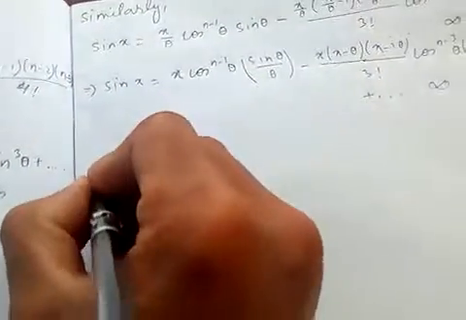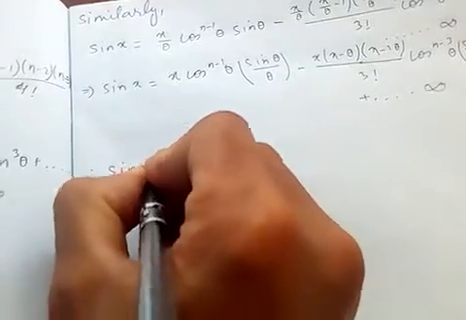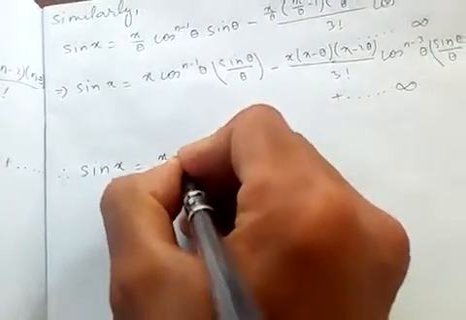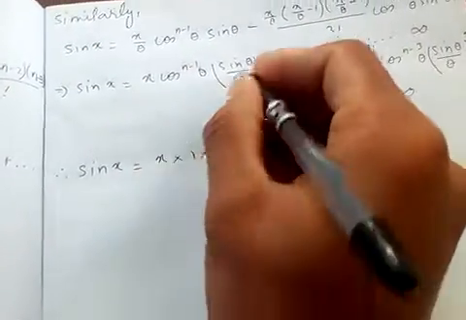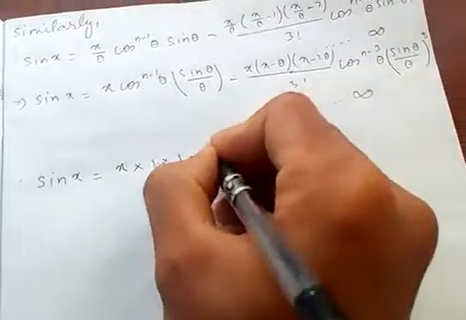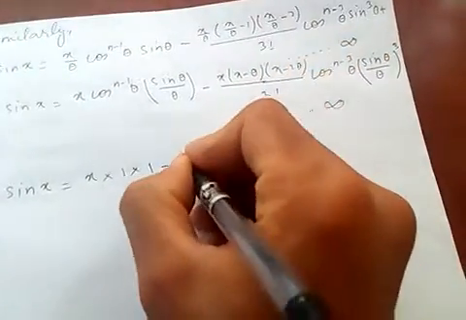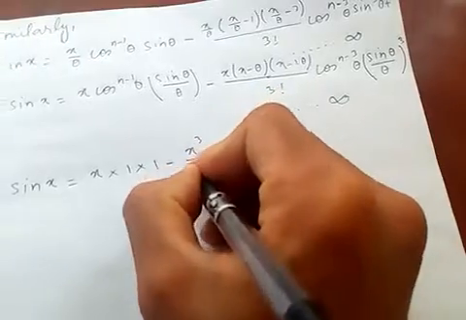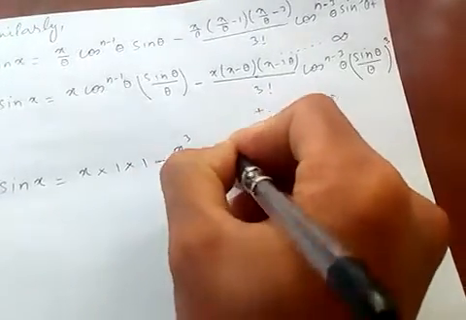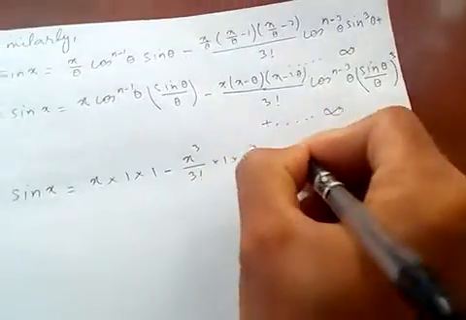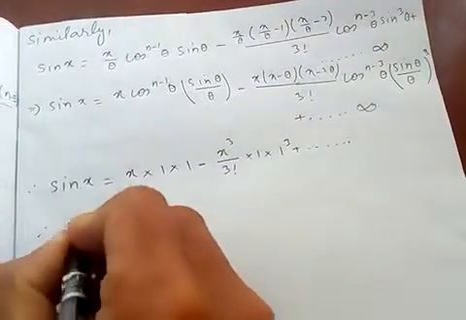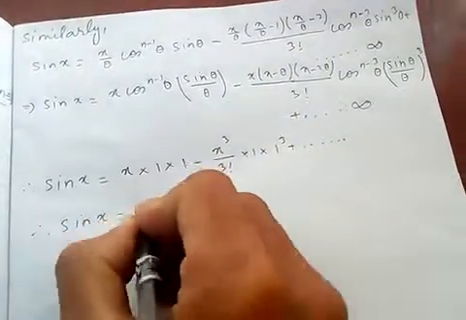So similarly we will get sin of x is equal to x into cos will be 1, sin is 1, minus here theta is 0, so it will be x cubed by 3 factorial into 1 into 1 cube plus and so on.